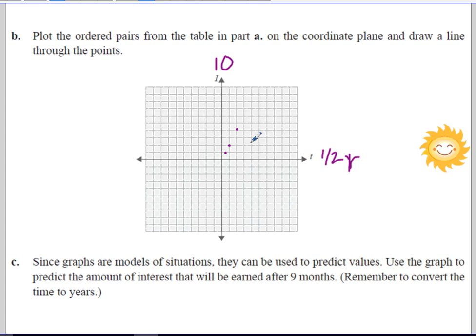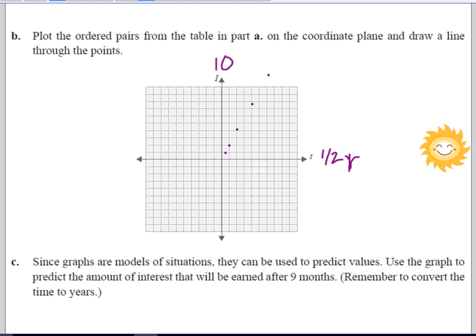So 1, 2, 3, 4, 5, 6, 7, 8. And then at 3 years, here we're up 1, 2, 3, 4, 5, 6, 7, 8, 9, 10, 11. We'd be up here at $110, and the 12th line is $120.